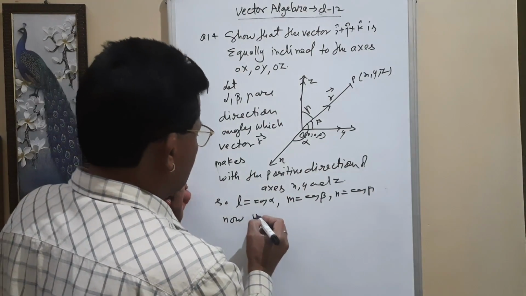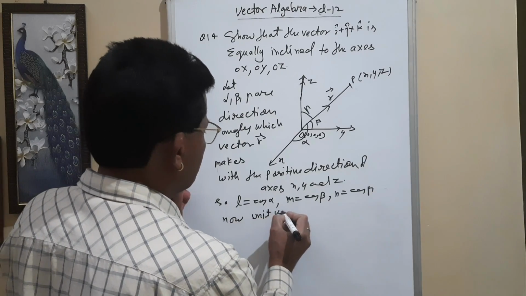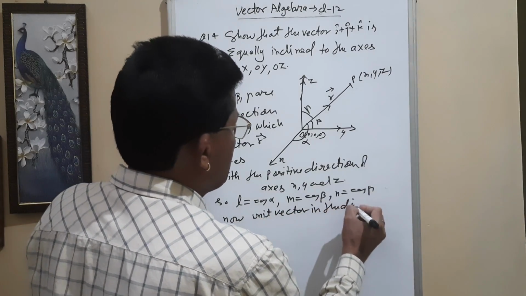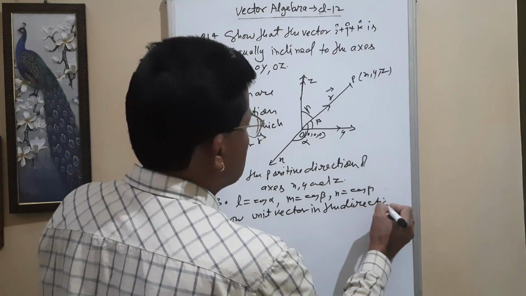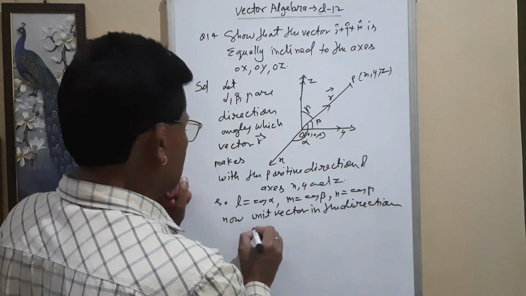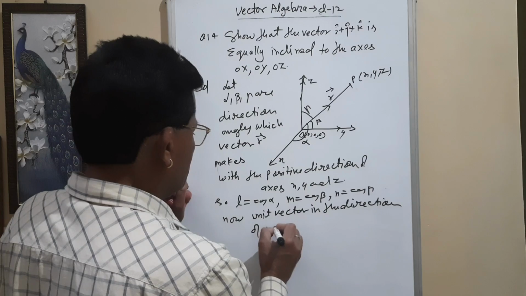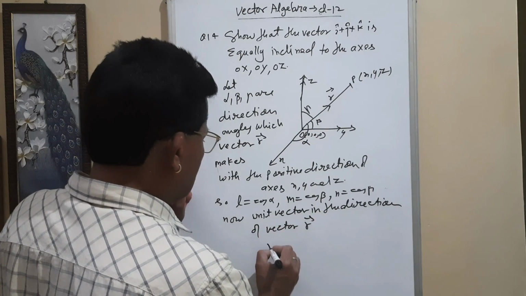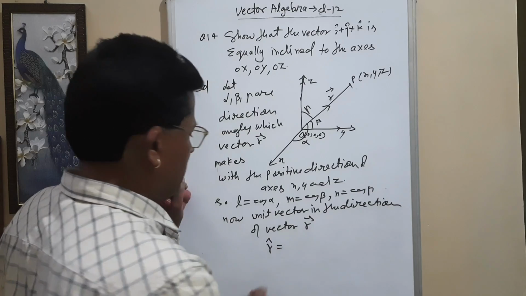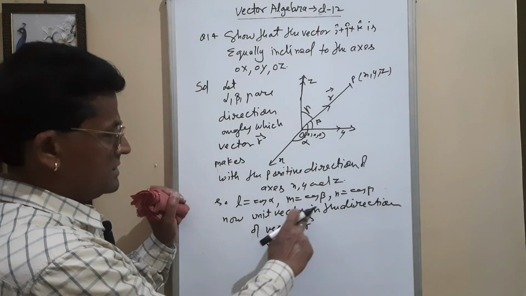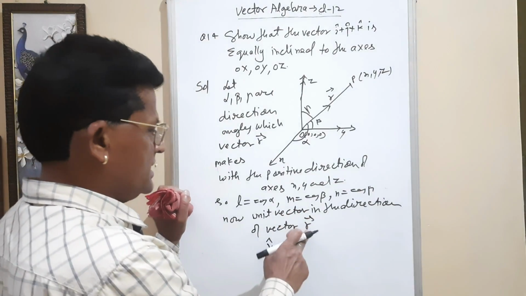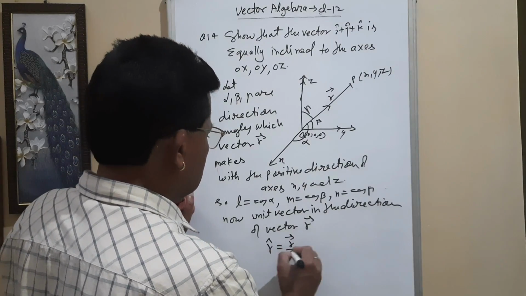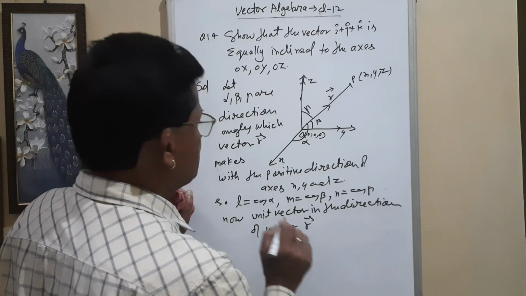Now the unit vector in the direction of vector R is denoted by R cap. In this direction we will find the unit vector, and you write it as the vector divided by its magnitude.